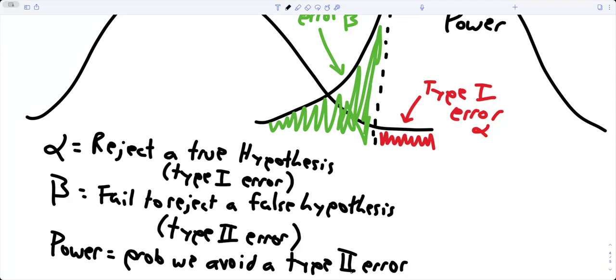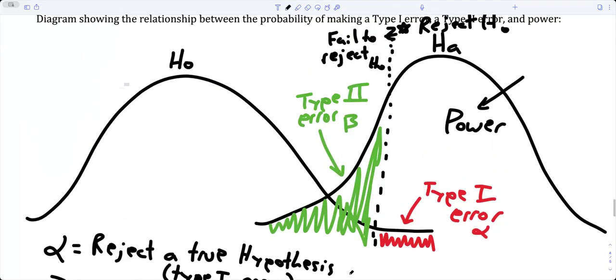Okay, so it's important to note, so look up here for a second, that alpha and beta are inverses of each other. So if I take this line, the rejection line, and I move it this way to the left, what happens to beta?